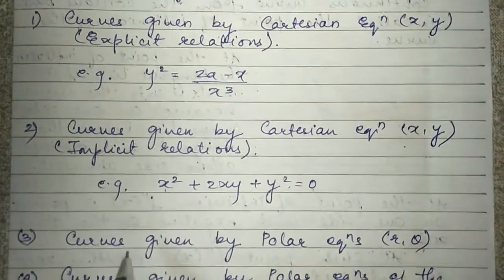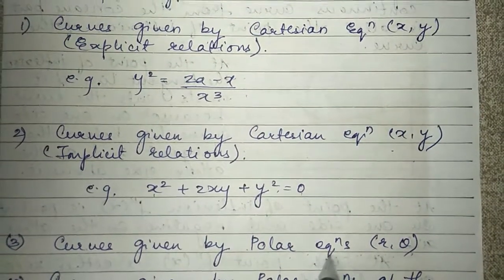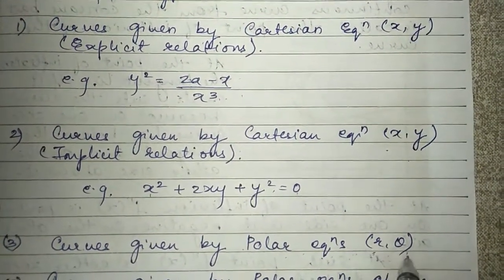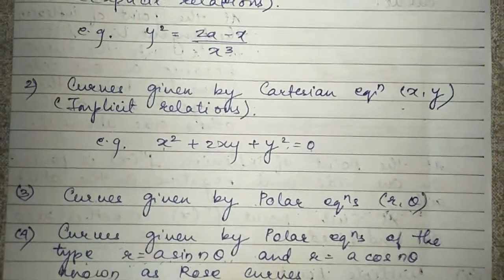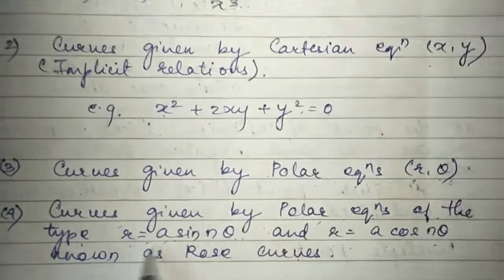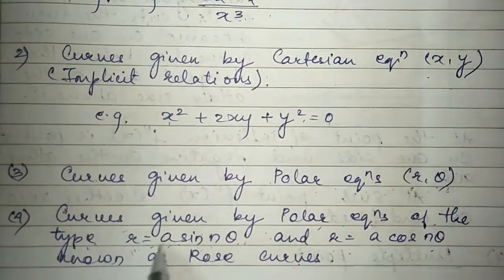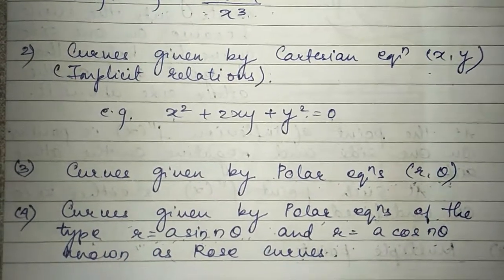Then the third one, the curves which are given by the polar equations in terms of r and theta. Then the next one, curves given by the polar equations of the type r is equal to a sin n theta and r is equal to a cos n theta.